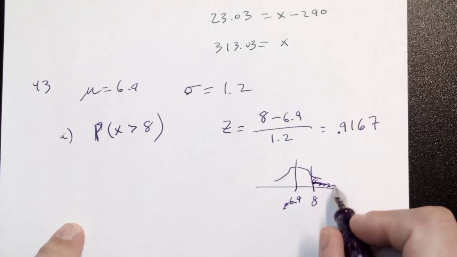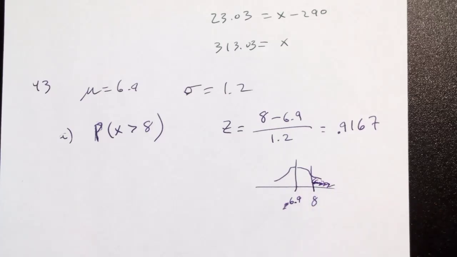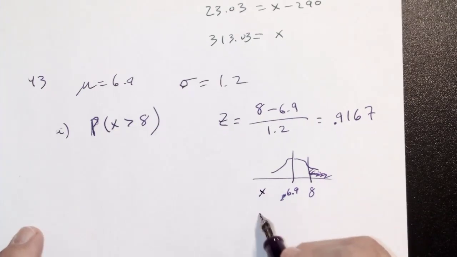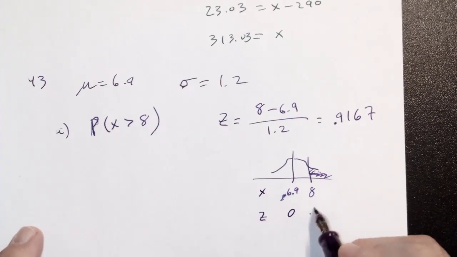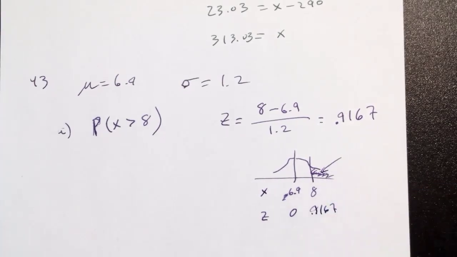What I want is this area out here. But we know in terms of Z, these are X's. In terms of Z, this is 0 and 0.9167. How do I get this area?